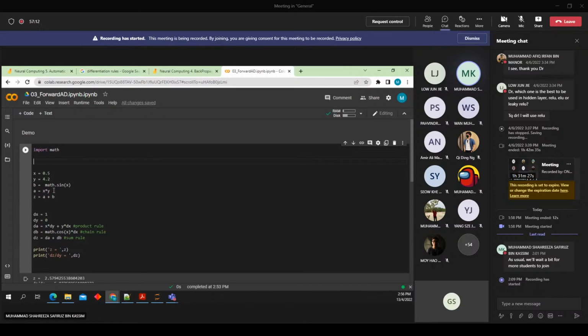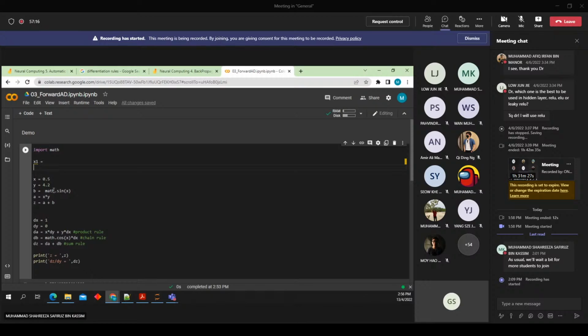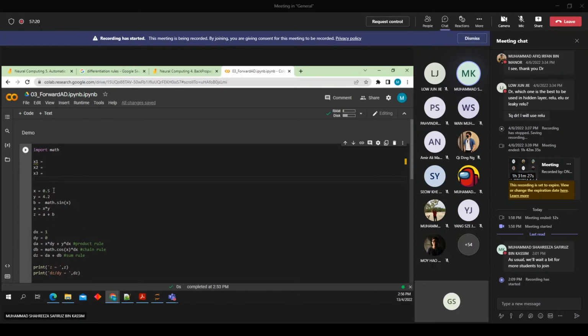Maybe x1, x2, x3, and so on until x1000, and it's the same with y. When you have this, every time that you write your code, dx1, dx2, dx3, until dx1000, right?